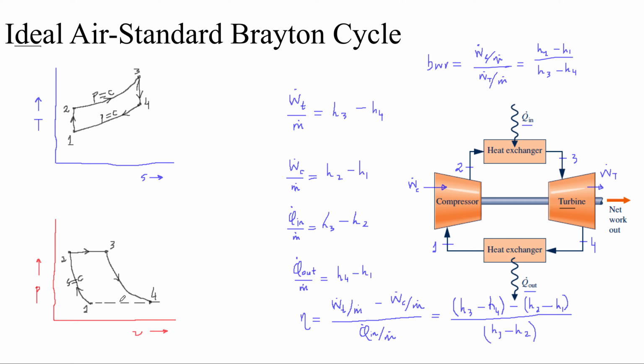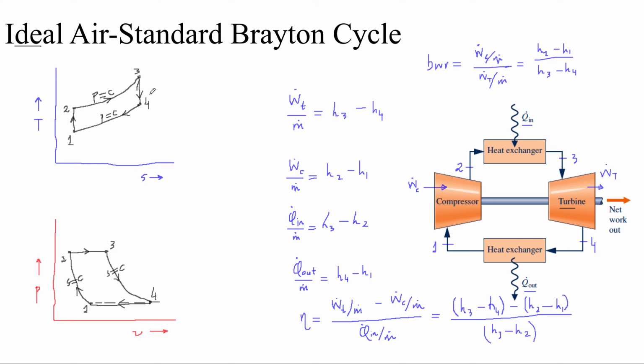And over here, again, the constant pressure line is going to be the horizontal line. So this is horizontal. And yeah, so this is how the ideal Brayton cycle looks on the PV and the TS diagram.